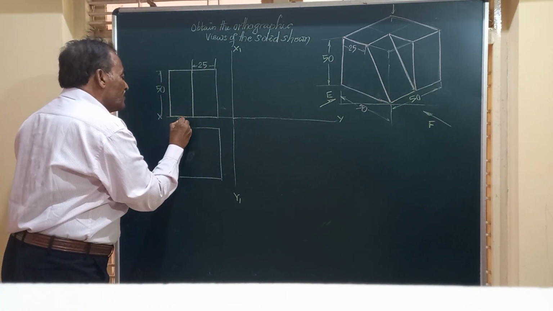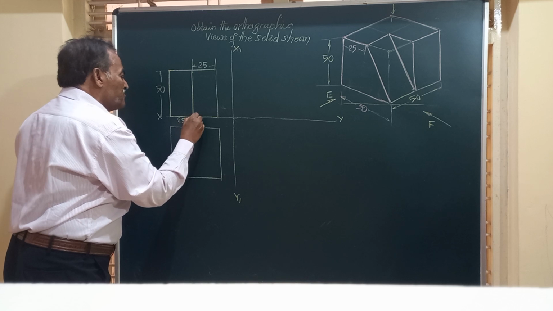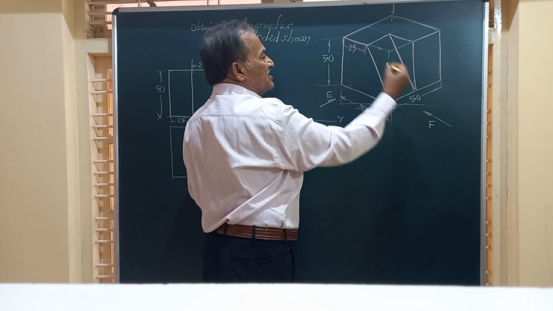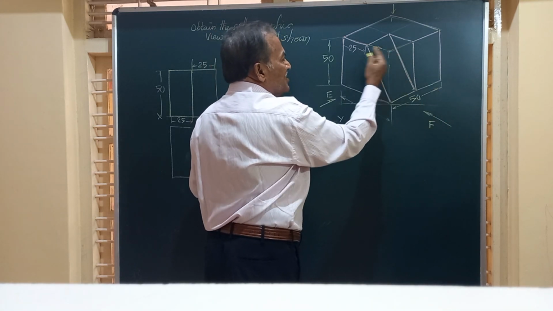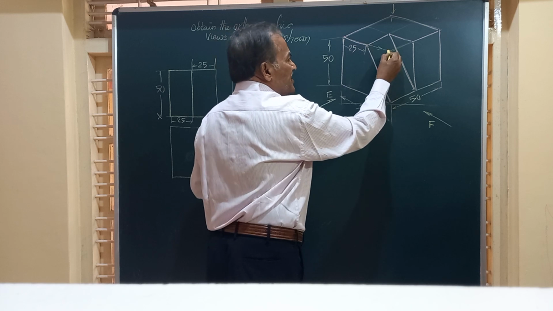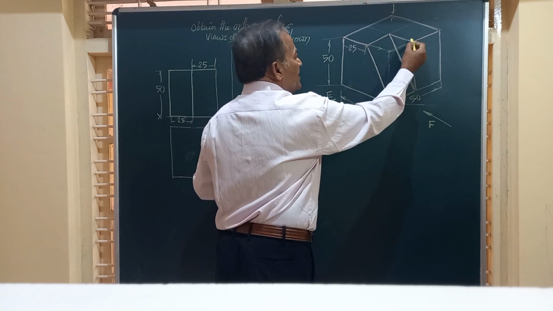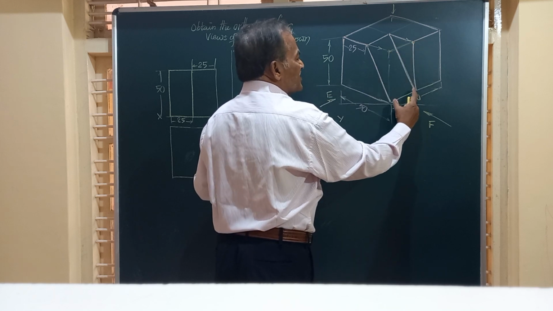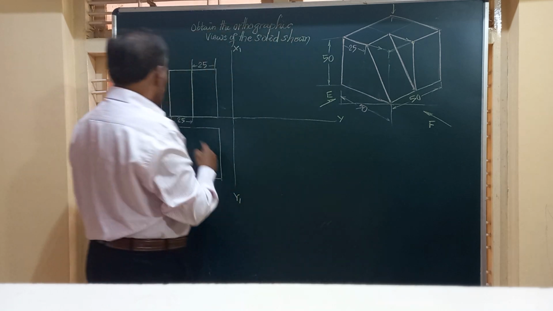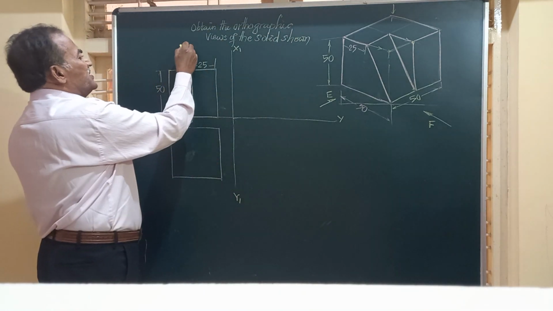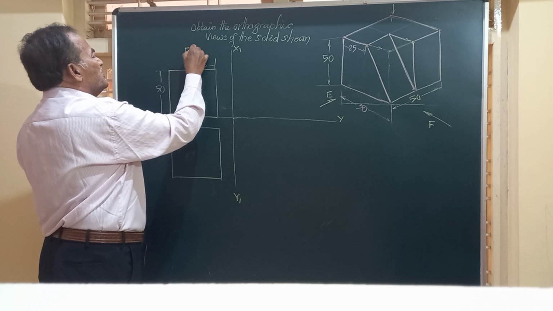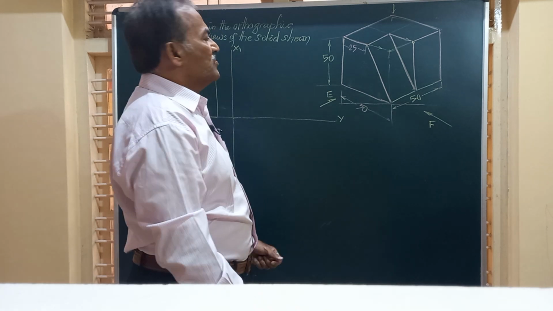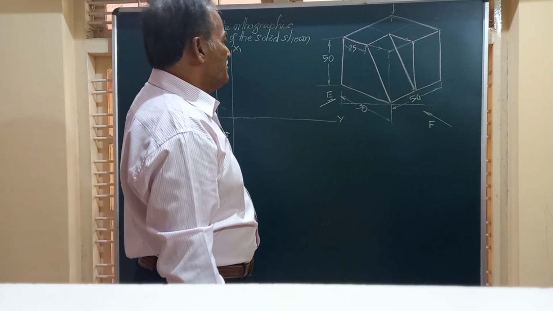Whatever the point you had here, it appears in the front view as if it is here. Even if this point is here, it will appear here itself. Similarly, this point appears here. So you are going to have 2 points on the base, and this is the front view. I will write FV here. FV represents the front view of this solid, which is given in isometric.